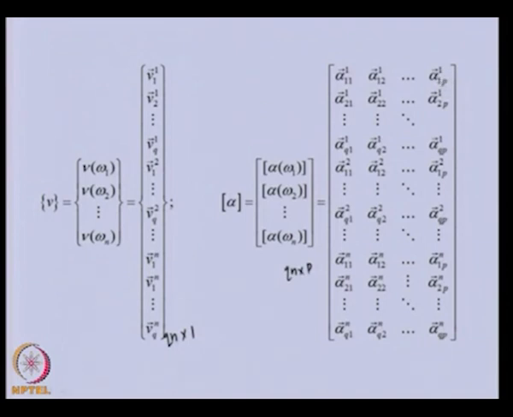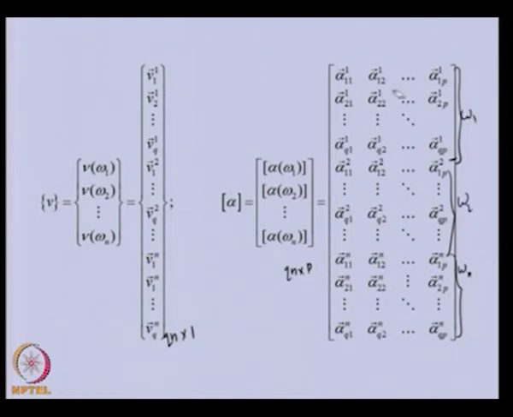You can see the first is corresponding to alpha at omega 1 speed, and these influence coefficients correspond to omega 2. Some of them I have shown here, and these are corresponding to the nth speed omega n, and this is for omega 1.